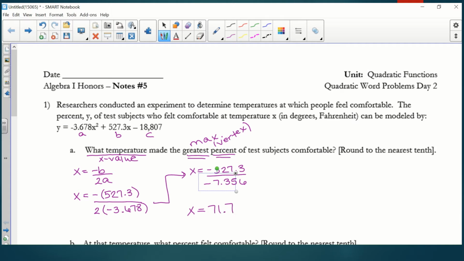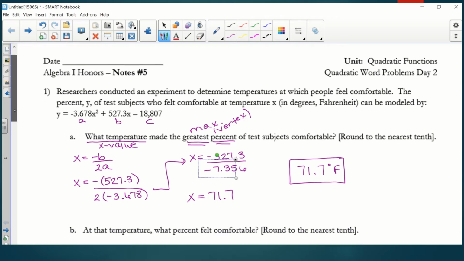So let's interpret this for a second. What temperature? This is a temperature, and looking at my problem, it's in degrees Fahrenheit. So my final answer would be 71.7 degrees Fahrenheit. That's the temperature at which the greatest percent of test subjects feel comfortable.